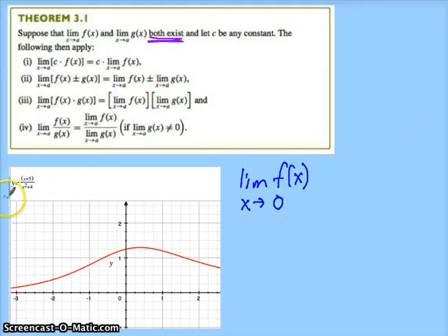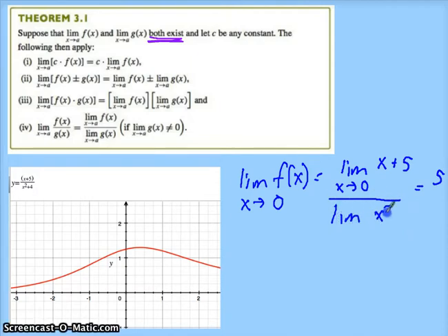If I'm looking at this function, let's ask ourselves, does the limit of x plus 5 as x approaches 0 exist? Well, of course it does. It's a polynomial. In fact, that limit is 5. Does the limit of x squared plus 4 exist as we approach 0? Of course, it's a polynomial.